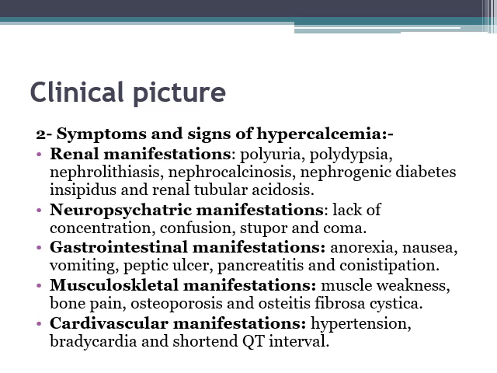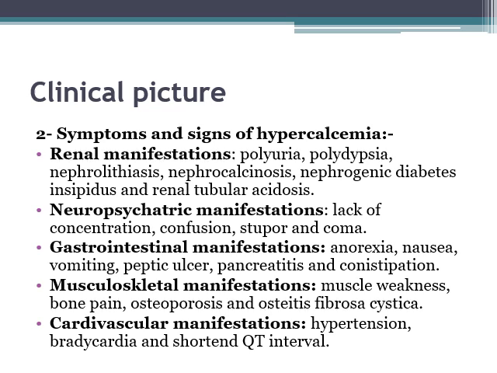Renal manifestations, usually in the form of polyuria, polydipsia, nephrolithiasis, nephrocalcinosis, nephrogenic diabetes insipidus, renal tubular acidosis. For neuropsychiatric manifestations, there may be lack of concentration, confusion, stupor, and coma. For gastrointestinal, most important may be peptic ulcer, pancreatitis, and constipation.